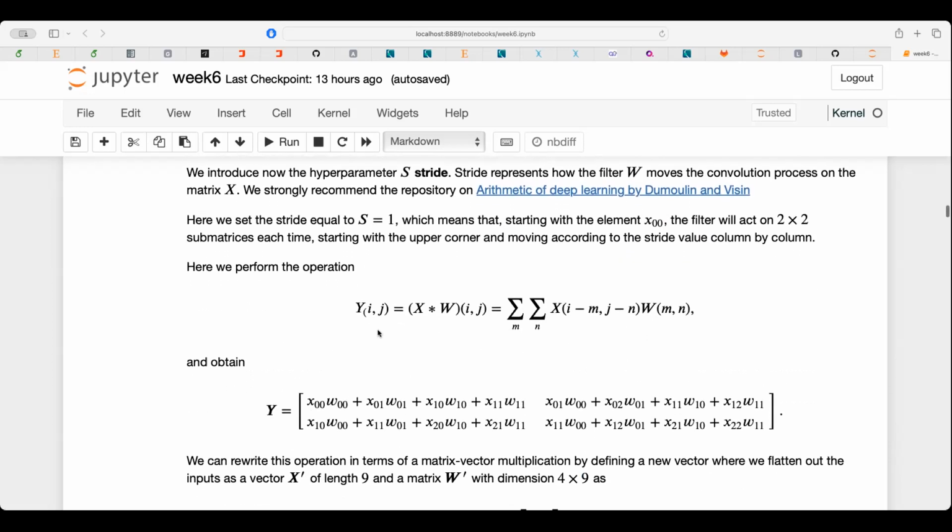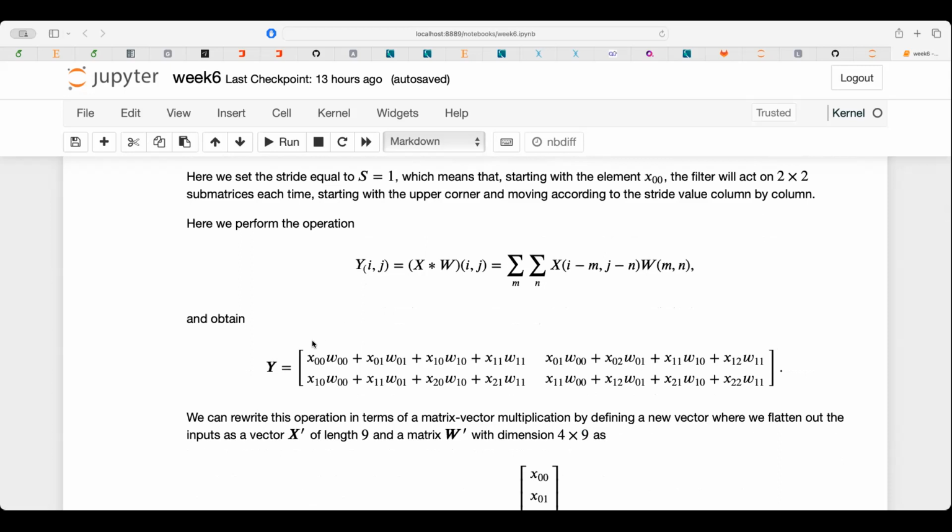Now, the thing we discussed also was that in this process, the corner values appear in just one of the new matrix elements. So we have filtered the dimensionality down to a 2x2 matrix. This will be the output of the convolutional stage. And the thing we saw is that x00, which is one of the corner values of the original input volume, appears only in one of these matrix elements.